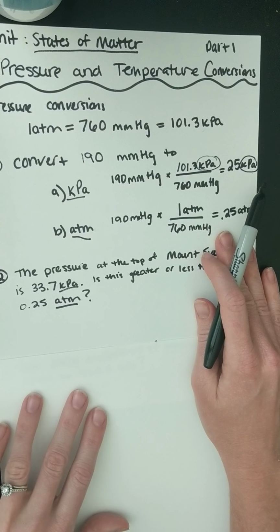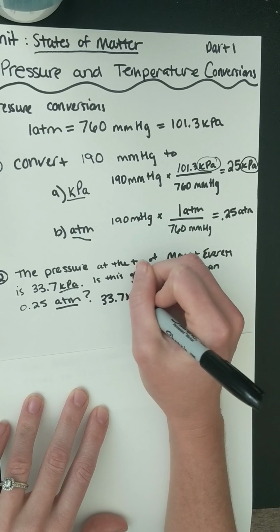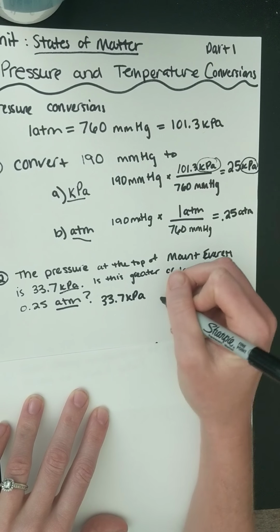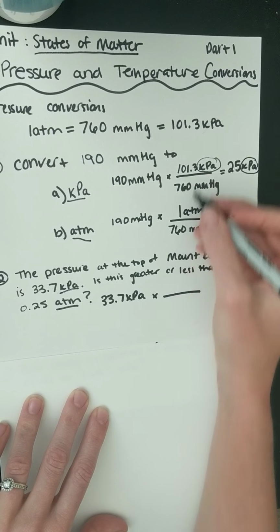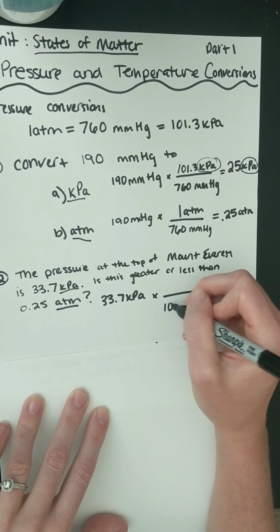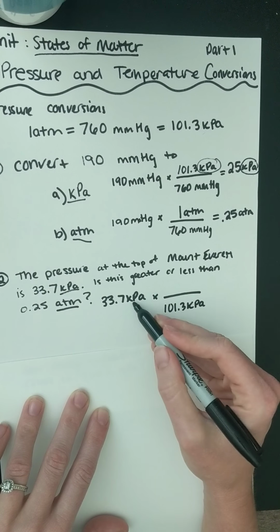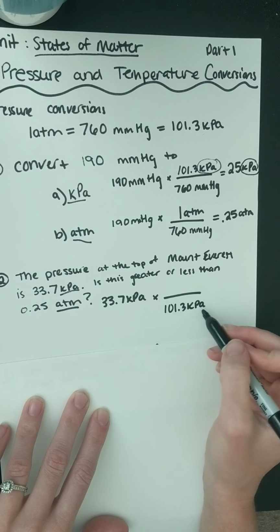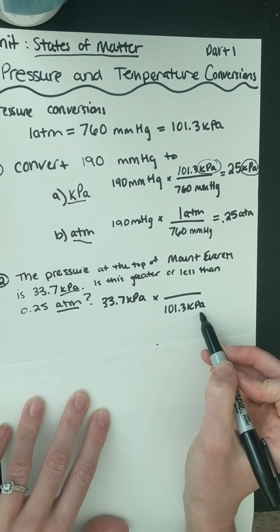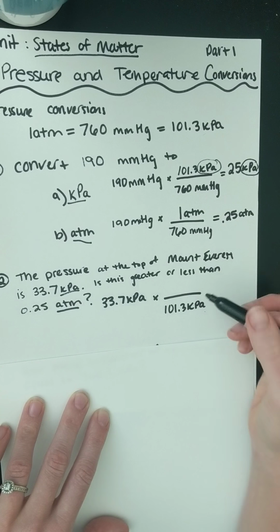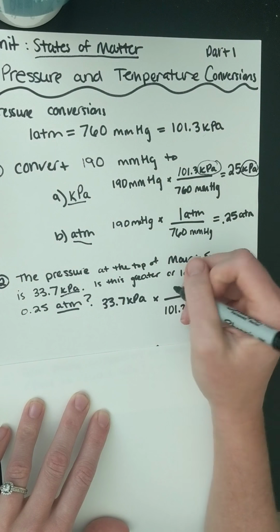So we write down what we have, 33.7 kPa, and then we write down our conversion factor. So for every 101.3 kPa, and again, I know to put that unit in the denominator because I'm going to divide by that unit to cancel those out. So whatever you start with goes in the denominator of the next part. And I'm converting to atm, so atm is 1.